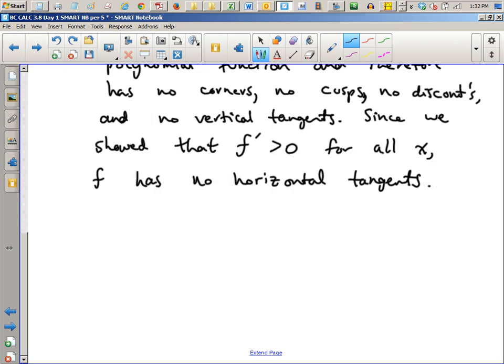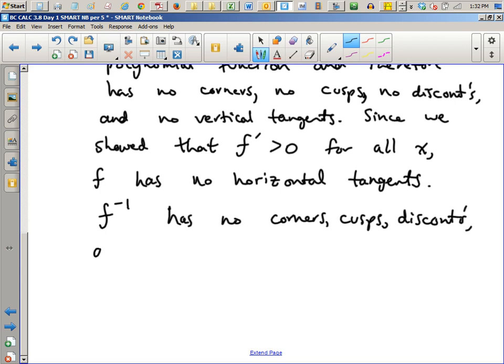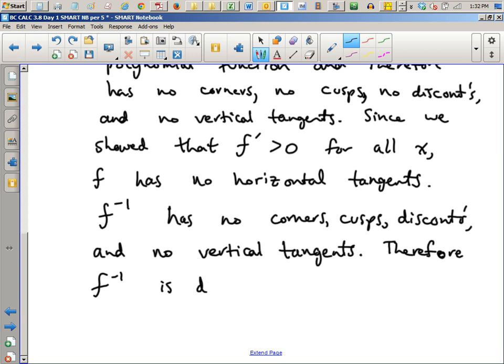So my conclusion is f inverse has no corners, no cusps, no discontinuities, and no vertical tangents. Why am I saying f inverse has no vertical tangents? Because f had no horizontal tangents. Therefore, f inverse is differentiable for all x.